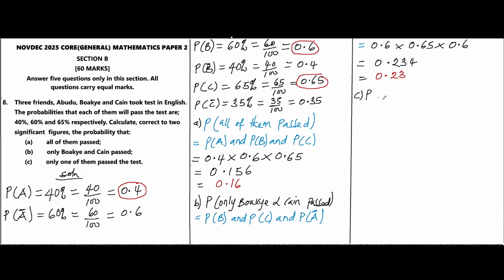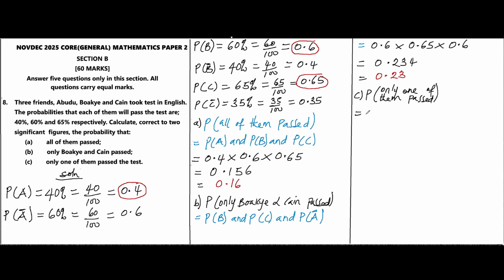Then C, the probability that only one of them passed. So let's calculate that. For only one of them to pass, we need to consider different conditions.